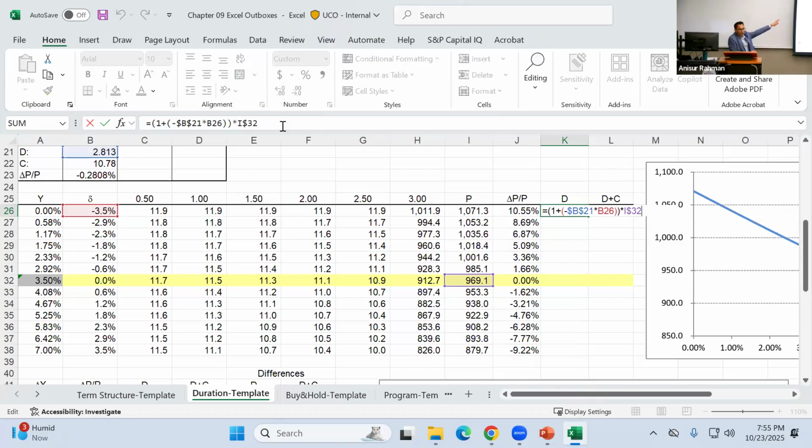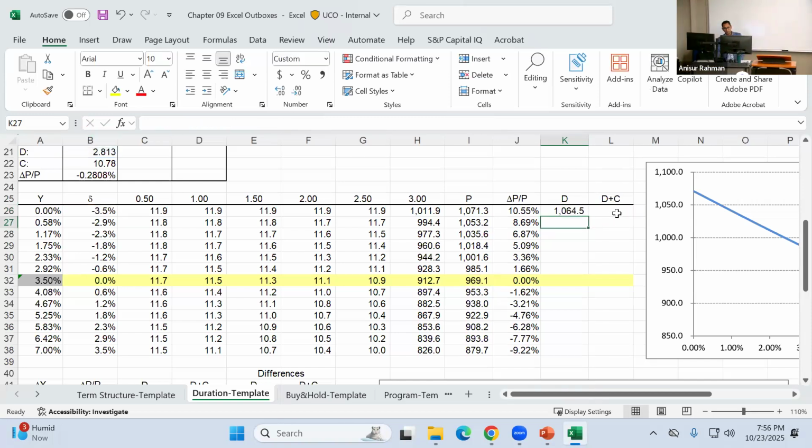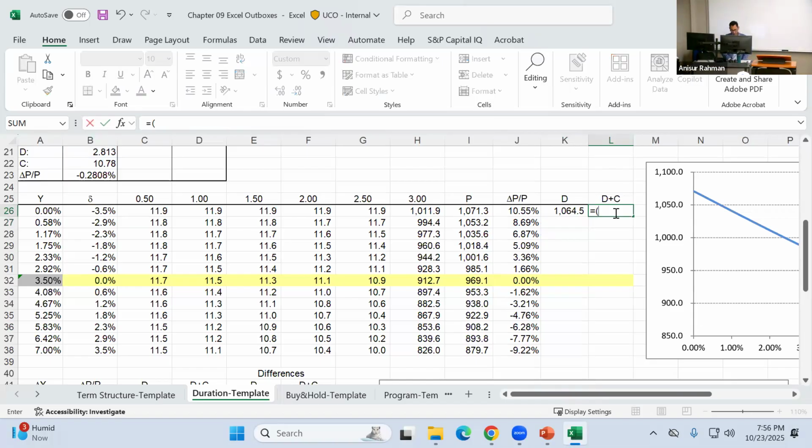You guys followed what I wrote down on the board? What about if we use both components, duration and convexity? Equal to open parenthesis 1 plus our return, which is, can I see the formula?